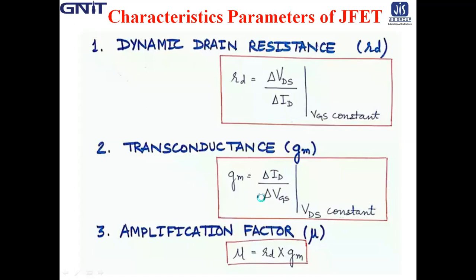The unit of GM is mho. The value of GM can be determined from the slope of the transfer characteristics.